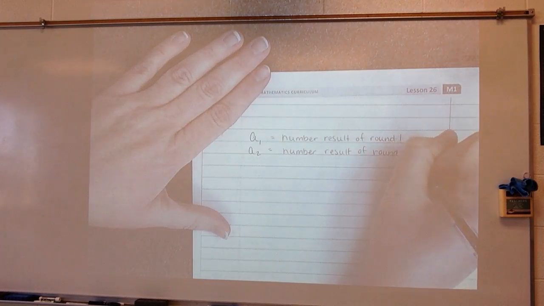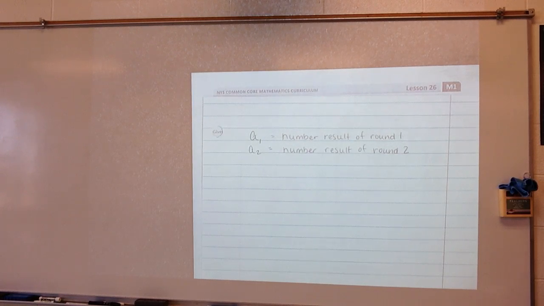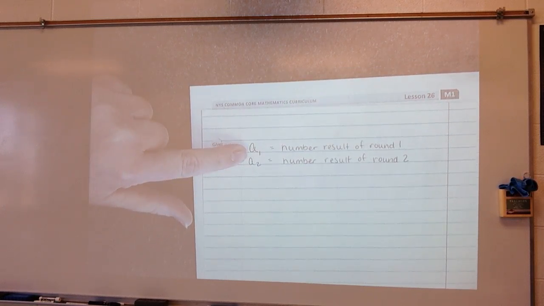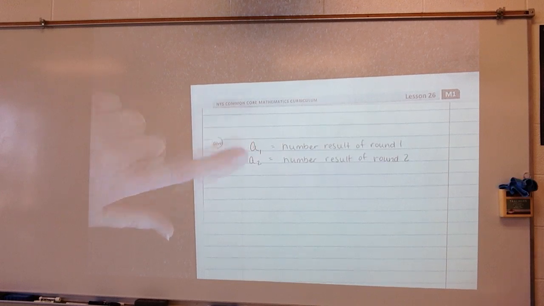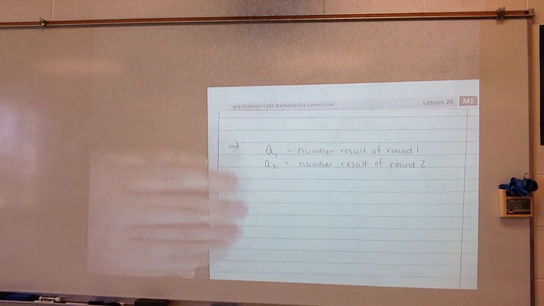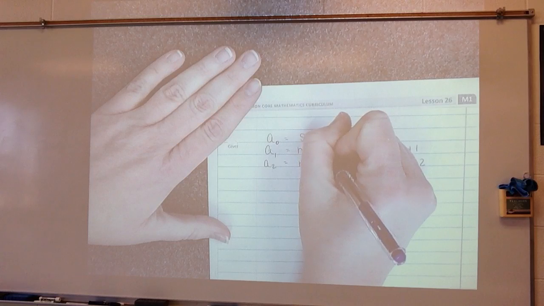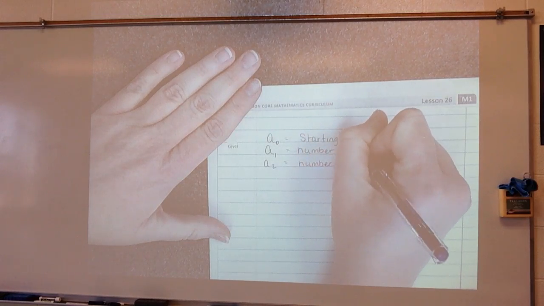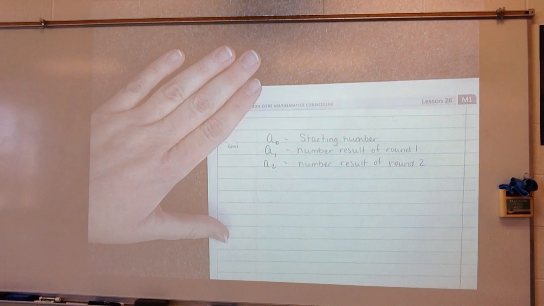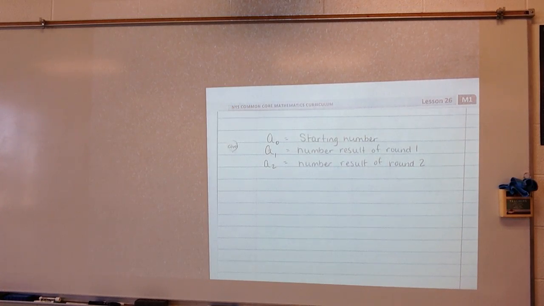You can continue doing that, just putting that subscript number for whatever round. So if we do this for the result of round 1, how could we label the starting number? Well, how do I label my starting number? We would label that as A sub 0. That is our starting number.